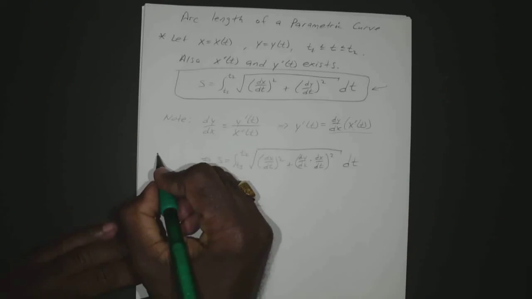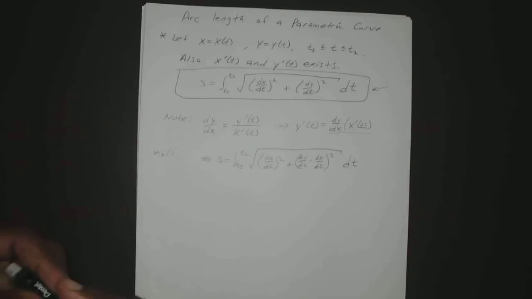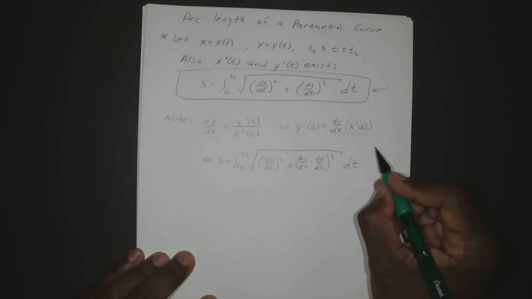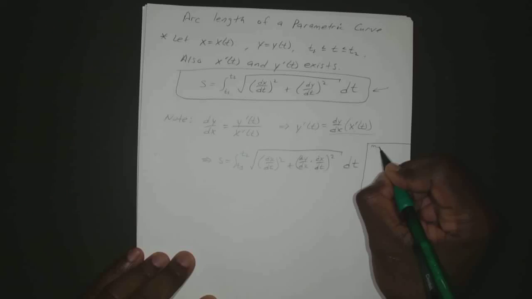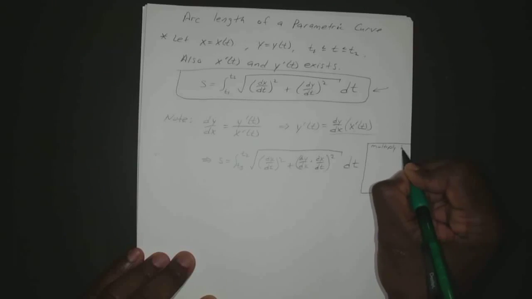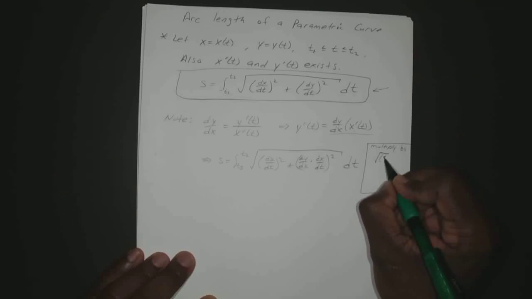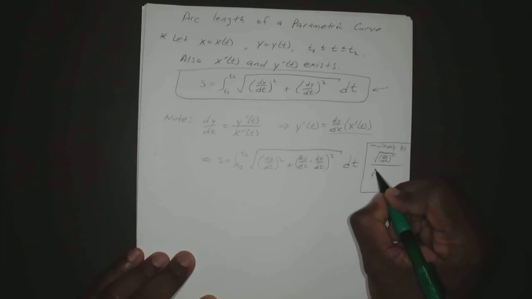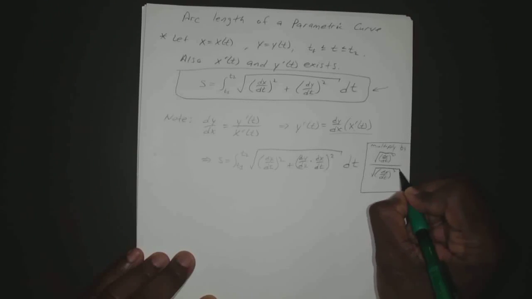Okay, so what if we multiply it by the square root of dx dt squared over the square root of dx dt squared?